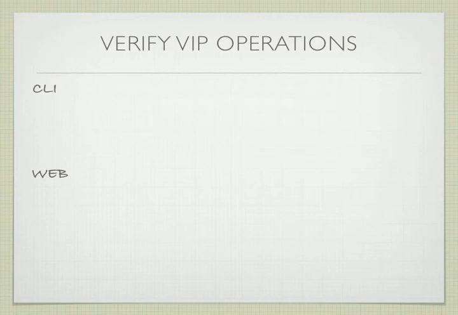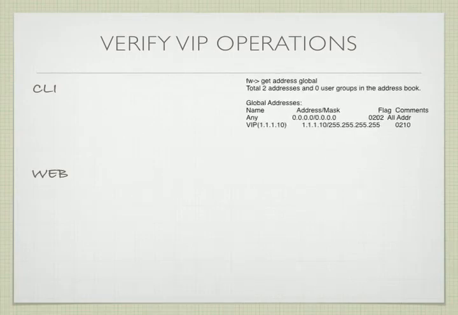In order to verify that the operations are working correctly, we can go to the global, get address global. VIP objects are created in the global zone that we had mentioned earlier. So in this case, it's an address object in the global zone so that it's available everywhere you want to configure a policy. And so there you can see that the address is available and created.